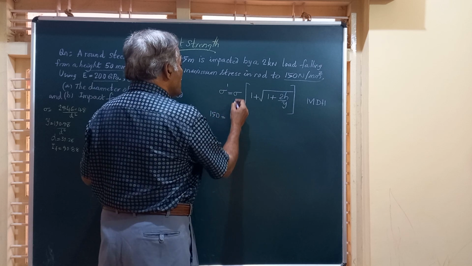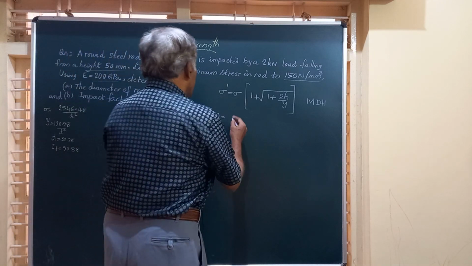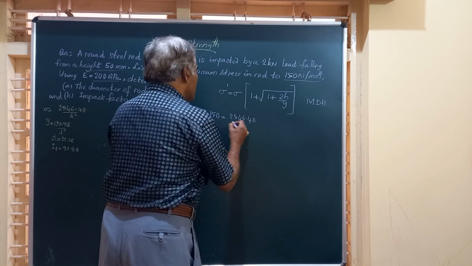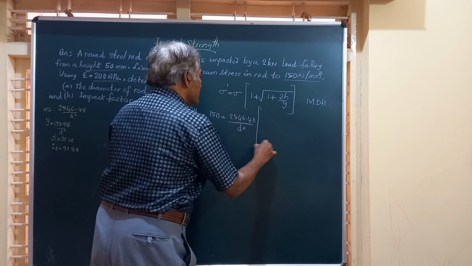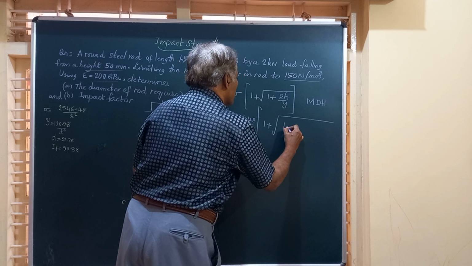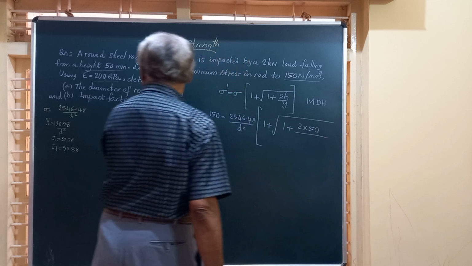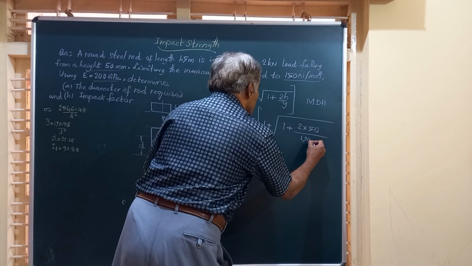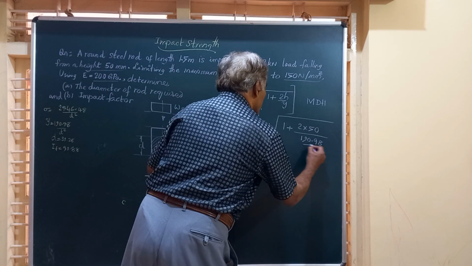That is equal to sigma, which we just wrote, 2546.48 divided by this d square, which is unknown, and inside the bracket it is 1 plus square root of 1 plus 2 times 50, that is 2h, where h is 50 mm, divided by the value of y, 190.98 divided by d square.